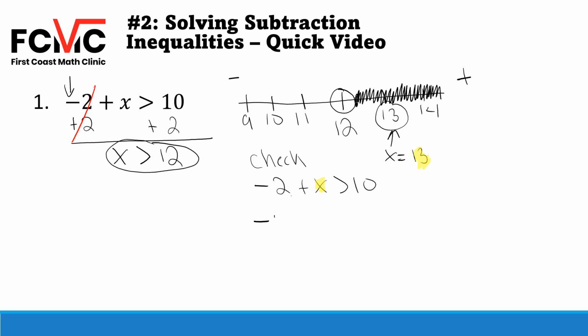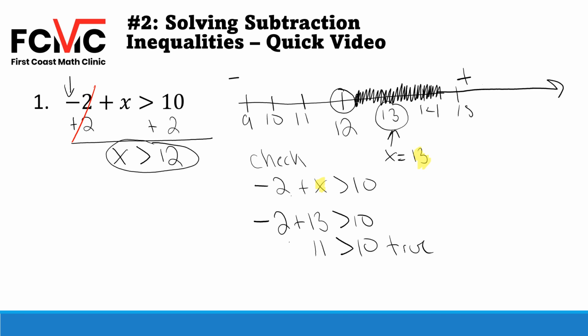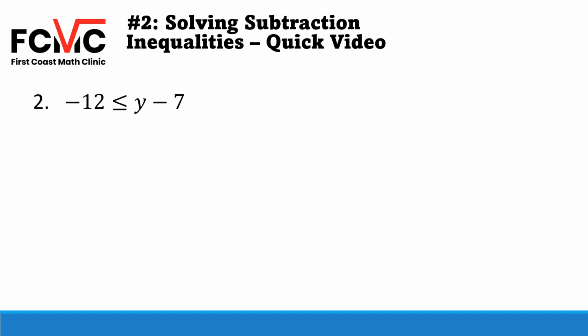And we get negative 2 plus 13 is greater than 10. And we get 11 is greater than 10, which is a true statement. So any value, if we just keep extending this, 15, 16, 17, 18, and so on, any value that we substitute into our inequality, we'll get a true statement.